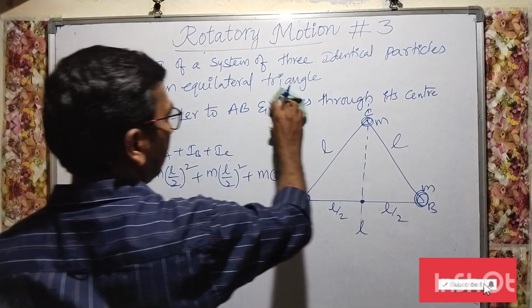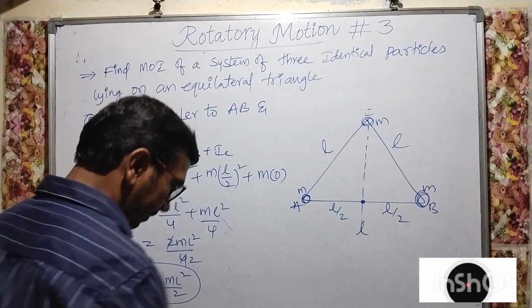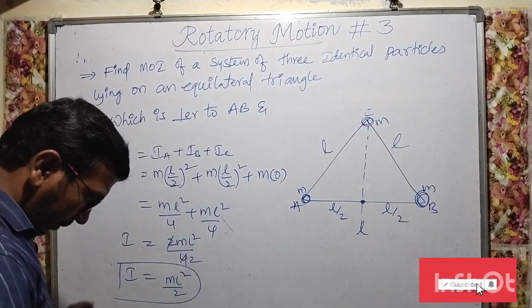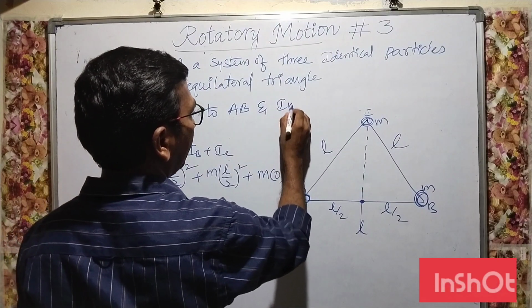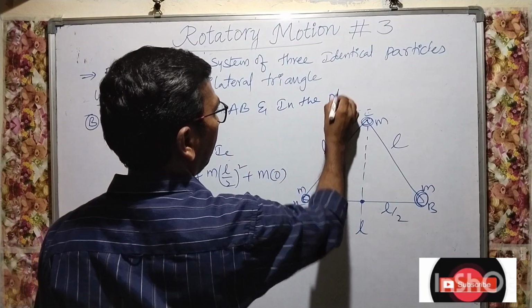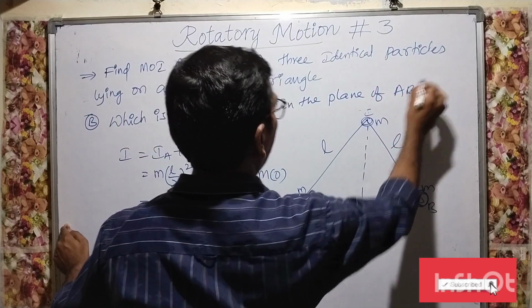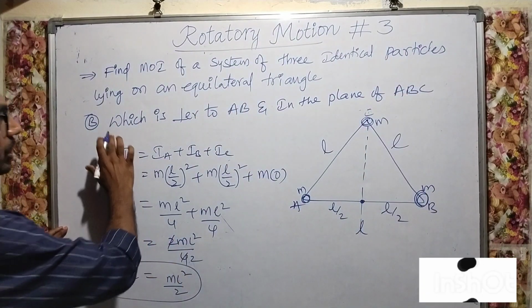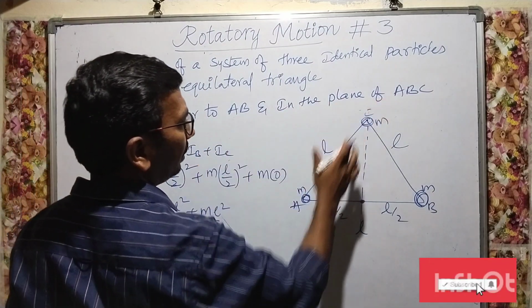And here you can change the axis. Second one: the axis which is perpendicular to AB and in the plane of ABC.